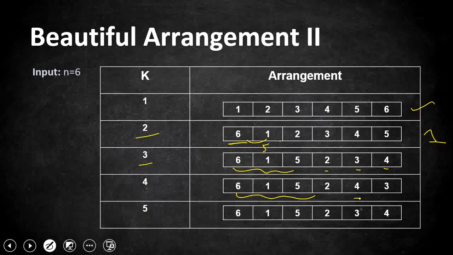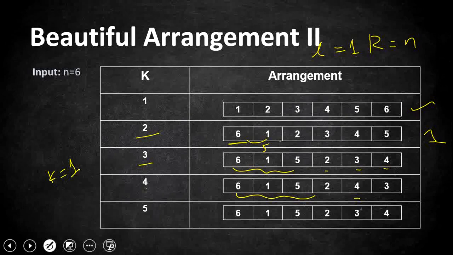So we are going to have two pointers, left and right, where left is initialized to 1 and right is initialized to n, and we are going to arrange the numbers in such a way that until k becomes 1, we put the numbers interchangeably.